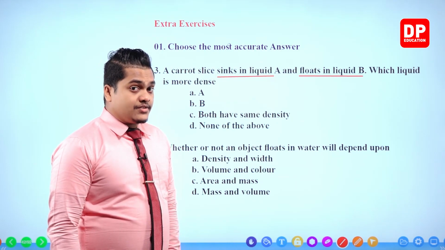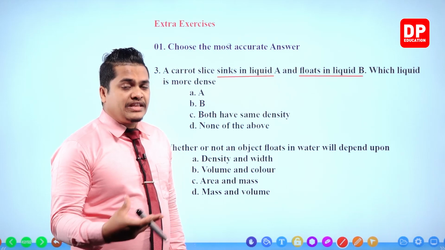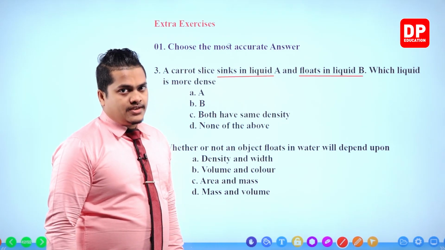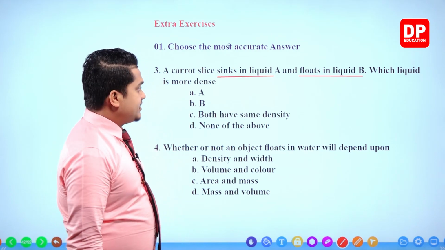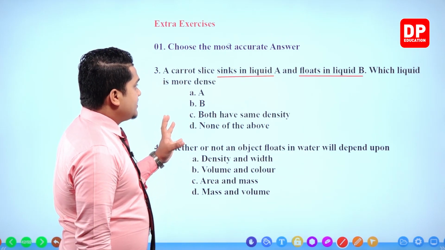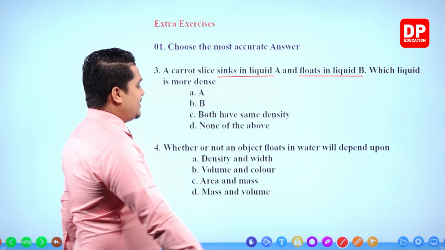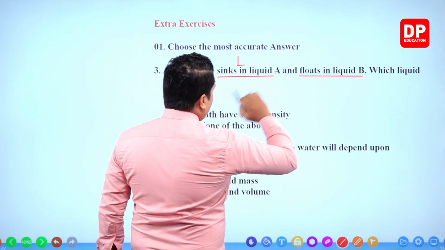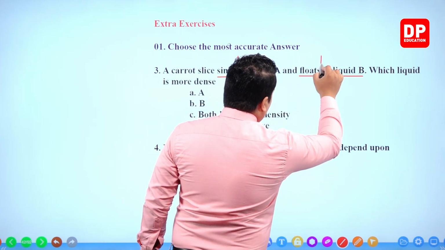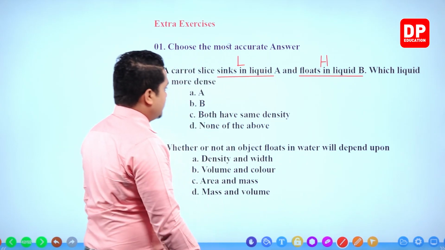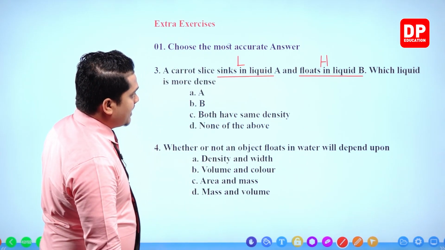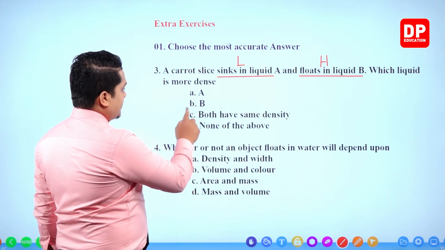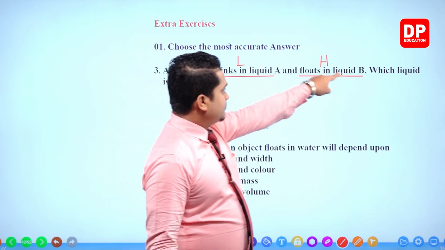If a certain thing is going to sink within a liquid, then that particular liquid has low density. So here it is saying that the carrot slice sinks in A. That means this one has low density. It floats in B, therefore this has high density. So the question is asking which one has the high density. So more density can be observed in B, high. B.